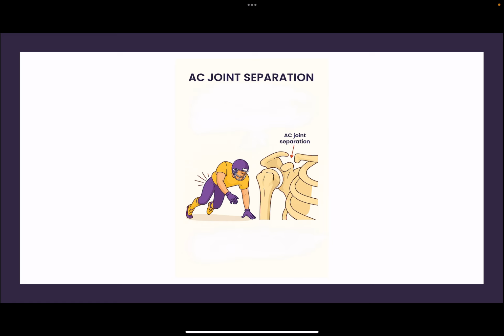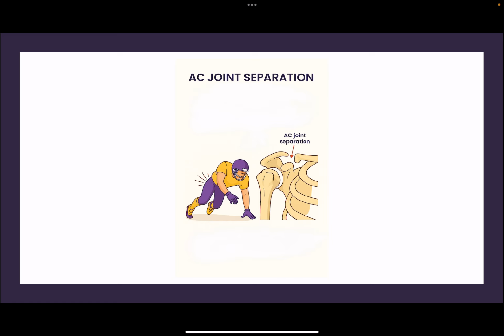Welcome to this session. Today we are going to explore one of the most common shoulder injuries seen in athletes and active individuals, AC joint instability. By the end of the session, you will have a clear and structured understanding of how to approach AC joint instability in clinical practice.